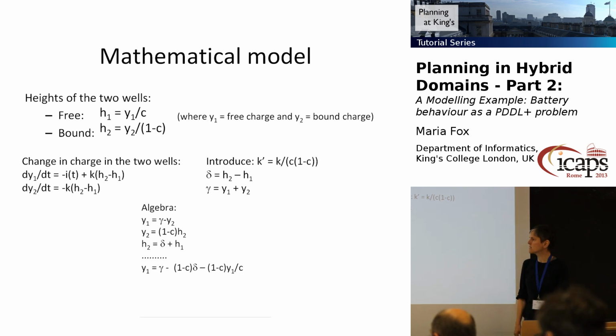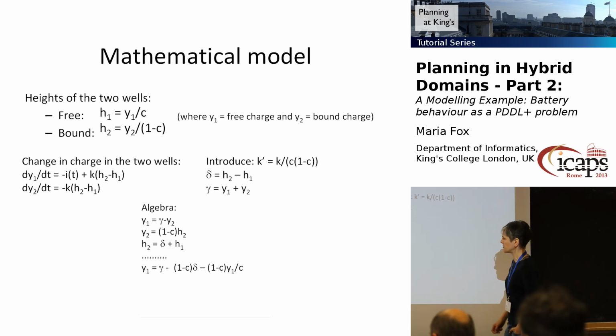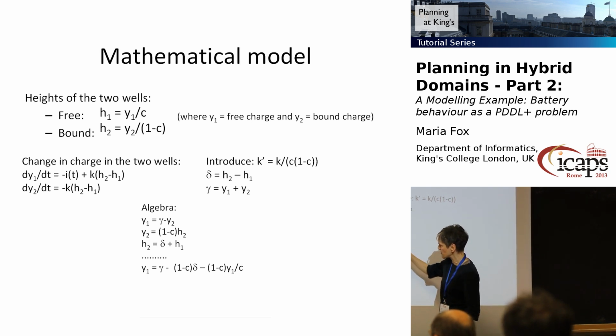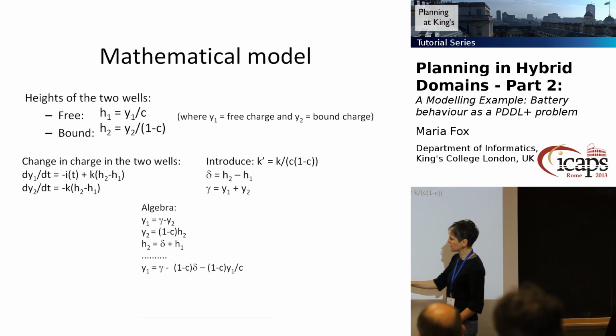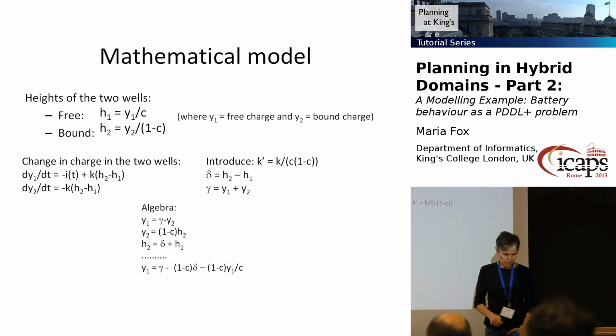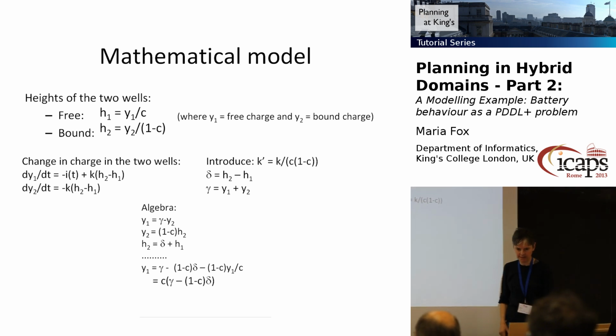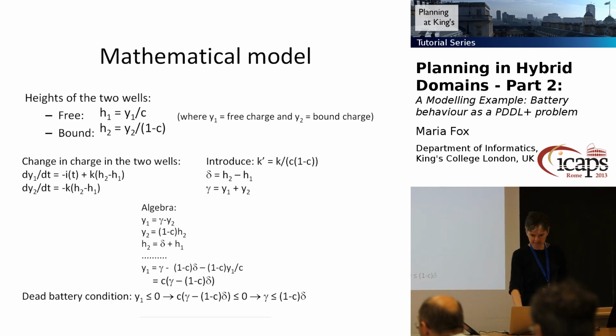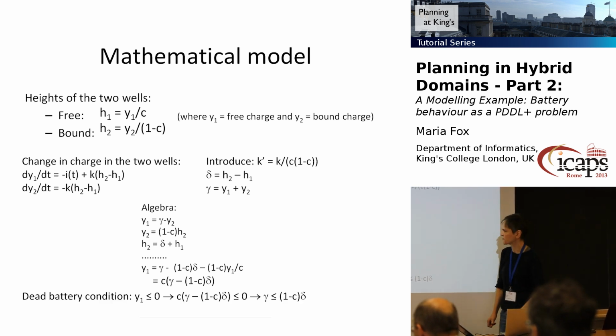Okay, so given those variables and their definitions, some algebra and rearrangement leads to us defining y1 in terms of this expression, which can be simplified into this, and that allows us then to obtain the dead battery condition.